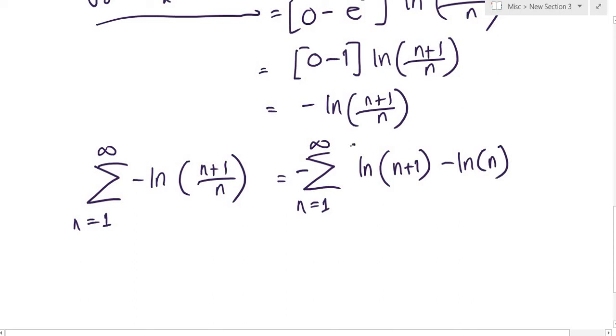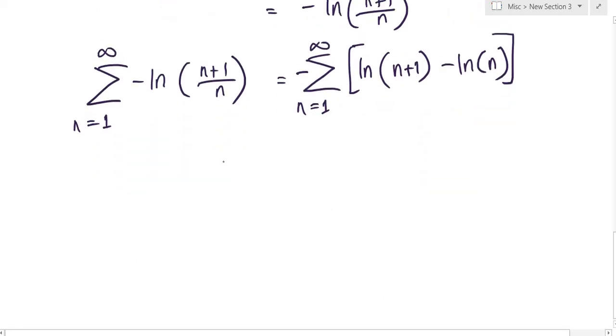So we have this basically. Now if you have a lot of experience with series, this might look like a telescoping series. So you're right in that domain.